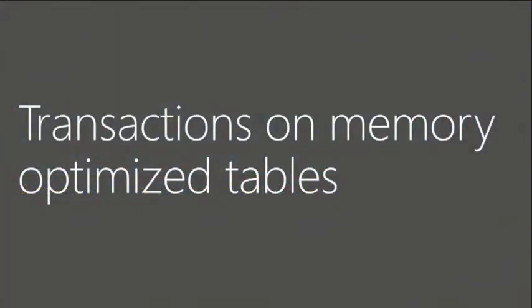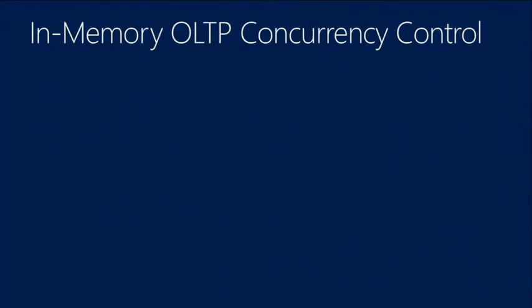So then the next topic I want to touch on, what you really need to consider for your applications, are the transaction semantics for memory optimized tables. The transaction semantics for memory optimized tables is quite a bit different than what you are used to typically from something like read committed isolation for disk-based tables.